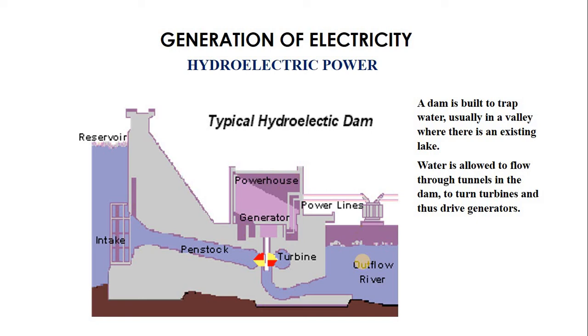In the next slide, we'll be looking at what a hydro turbine looks like, and a few other features that help its smooth operation. But basically, this is how the hydroelectric dam actually functions.